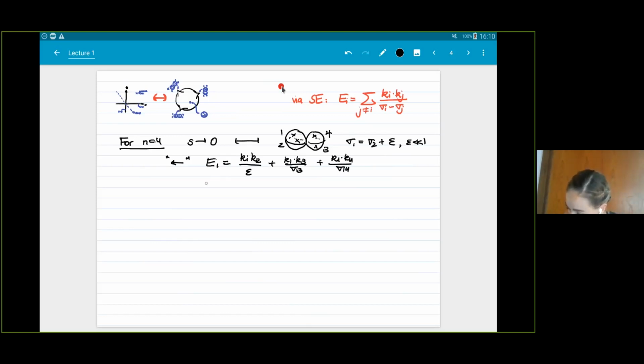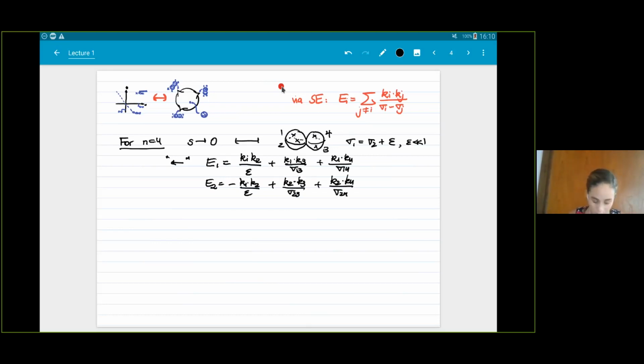And similarly for the scattering equation E_2, but the only difference is now we have a minus sign here, and everywhere else we have to replace 1 by 2. I'm really just using the definition of these equations right now, nothing else.